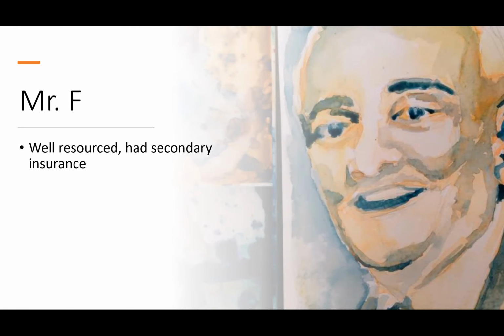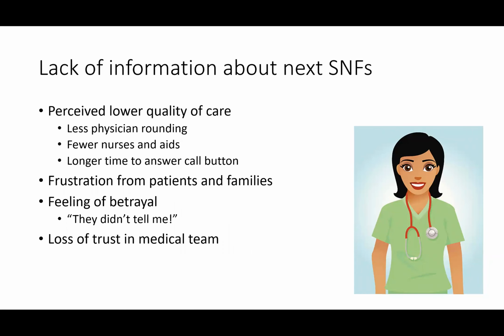But he did have issues with the lack of information about next steps, sorry, not next SNFs. So if you're going home, you need to know what your next steps are, right? So if someone tells you you might go home later today, it's important to know, am I really going home? What time can I go? When do I have to have someone here to pick me up?